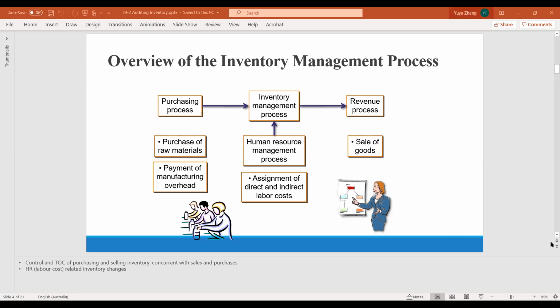From this picture, what we can conclude is that inventory management overarches the purchase and the revenue, and is also relevant to human resources. It could be very complex, but fortunately for the auditors, because we have done the purchase audit and could have done a very thorough revenue audit, we can make the inventory audit itself relatively simple, right?